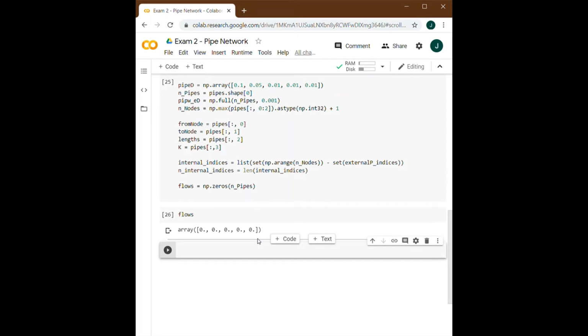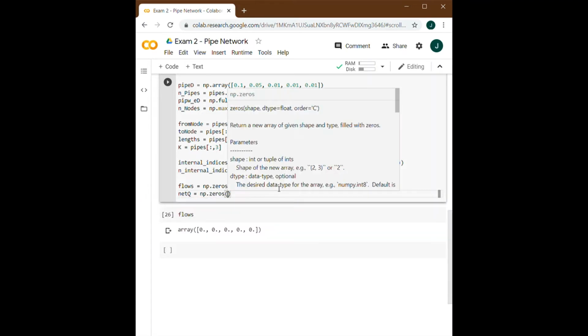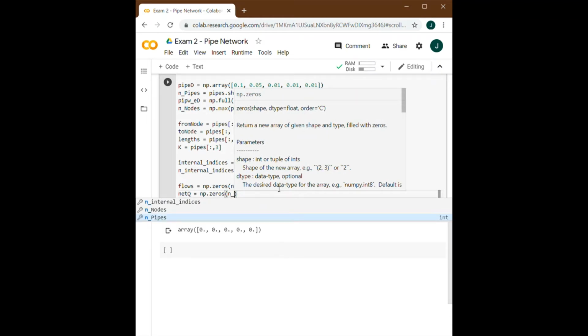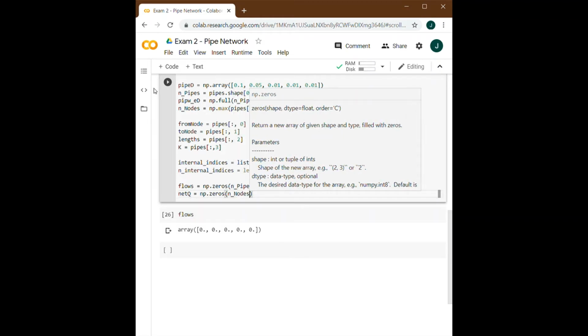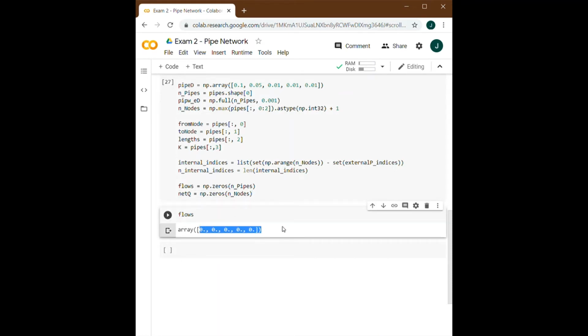And we can then build up this array by adding in values to it. Likewise, we're going to use net flow, and we're going to do the same by making another array of zeros, except this time we're going to use the number of nodes. Our array for this one is only going to have 4 items instead of 5.